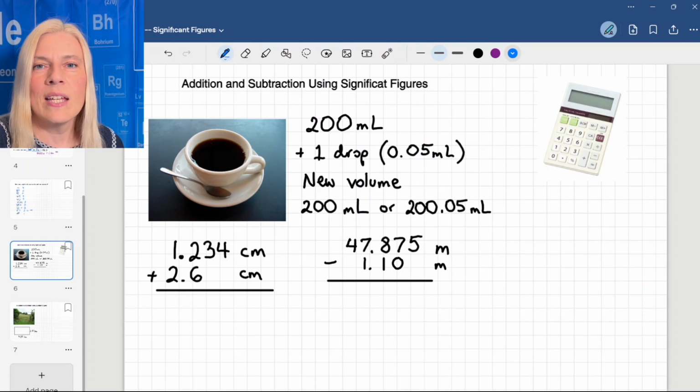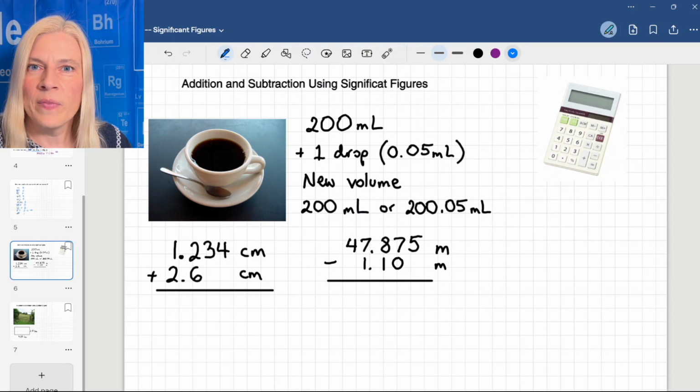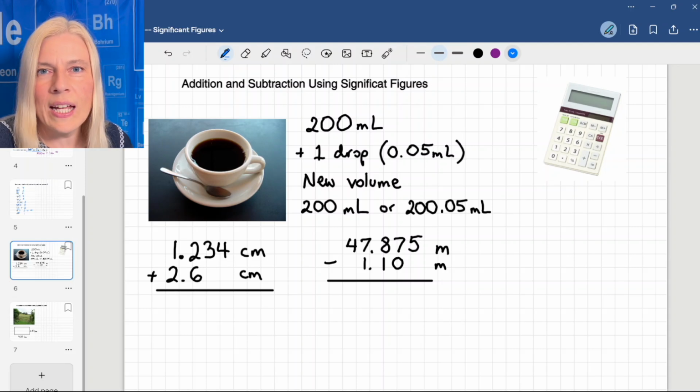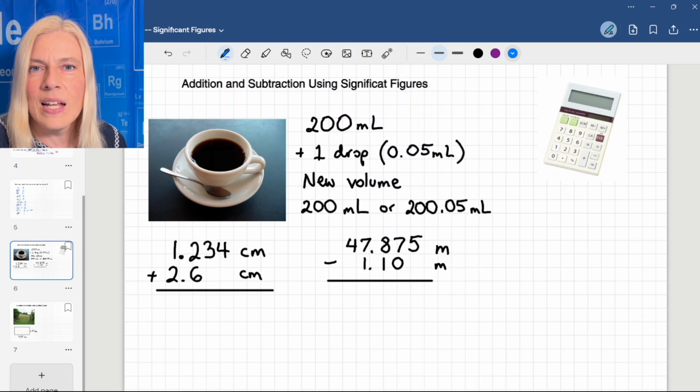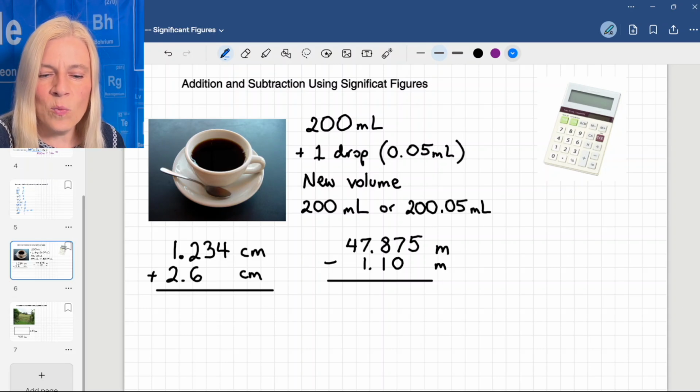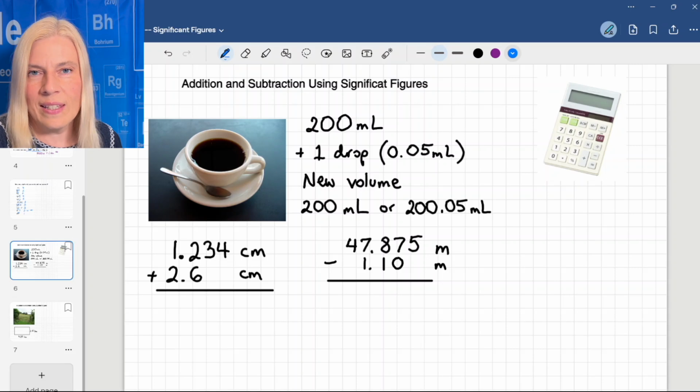Let's think about the theory behind addition and subtraction. Let's say we have a nice cup of coffee, and we have about 200 mL in that cup. Okay, if I add 1 drop, which is 0.05 milliliters, are you going to say the new volume is still about 200 mLs, or is it going to be 200.05?